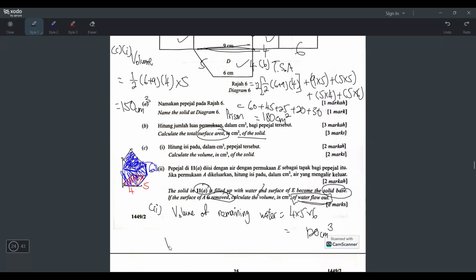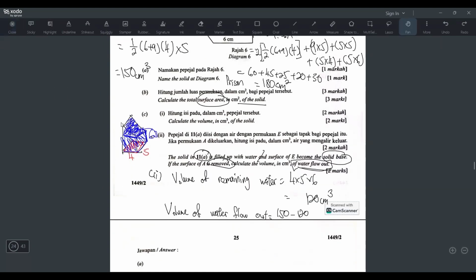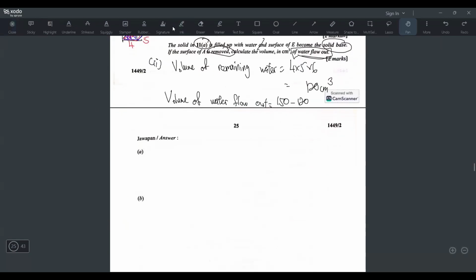So the volume of water flow out will be 150 minus 120, which gives you the volume of this triangular prism. Yeah, this shape we call a prism also, because the triangle is the cross section. So the answer is 30.